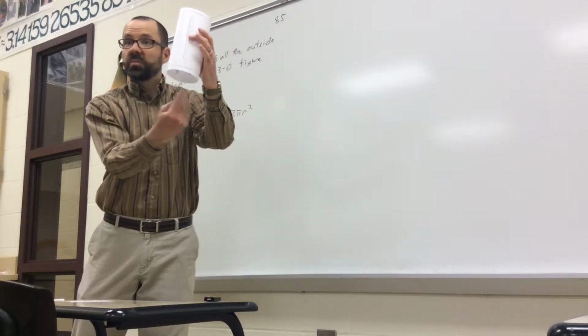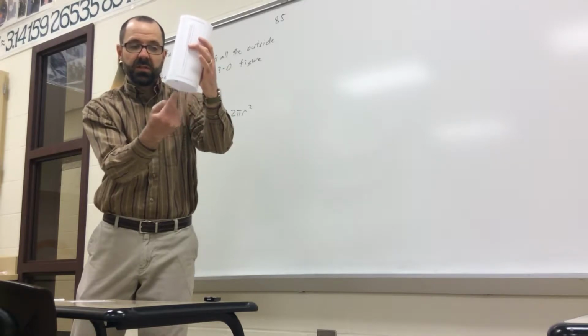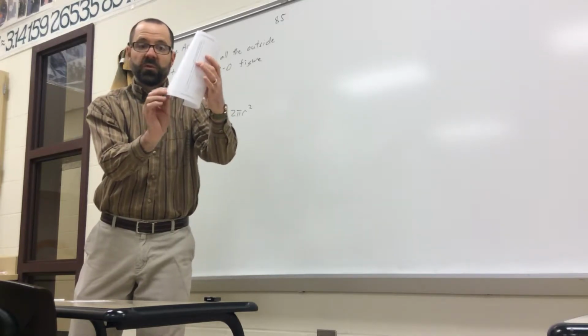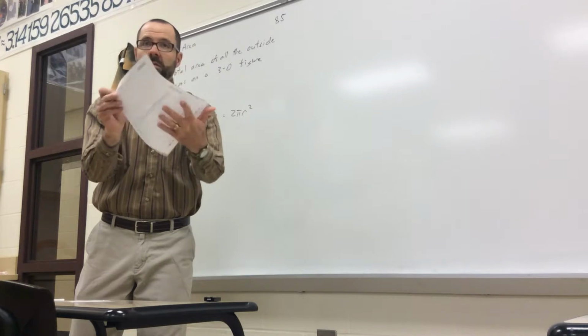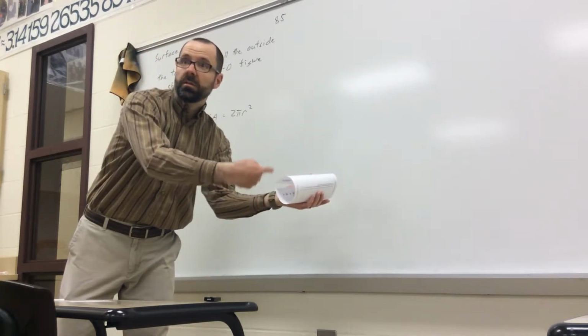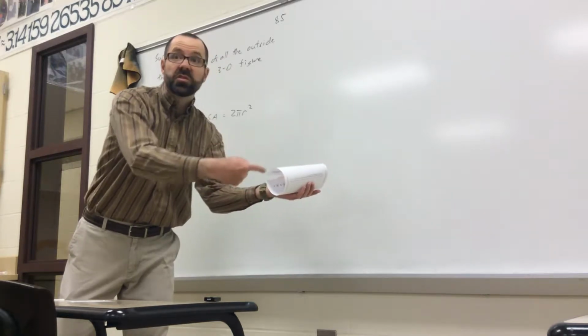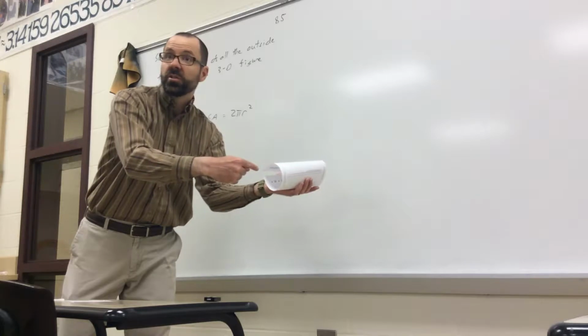It's on the bottom edge, right? So here's where the base is. You see it? And then when I fold it out, it ends up here. So what's that called? Yeah, it's called the circumference of the circle, right? It's around the outer edge of the circle.